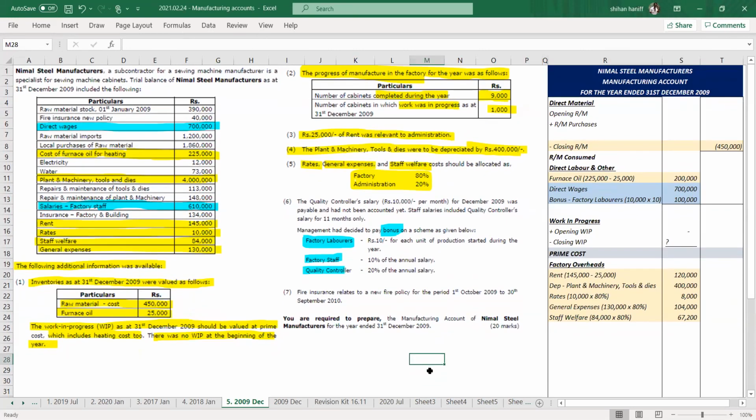I need the bonus for factory staff and quality controller. Bonus for quality controller.